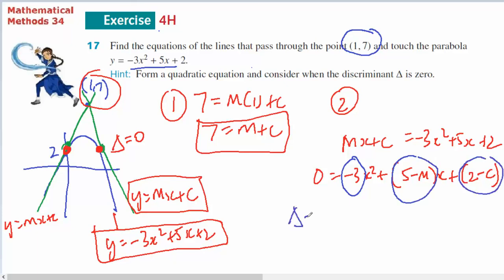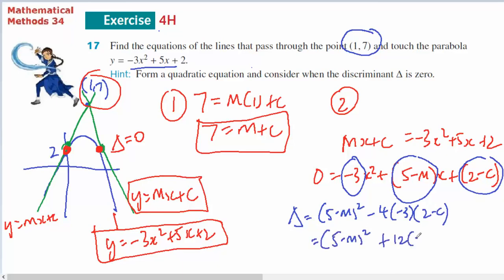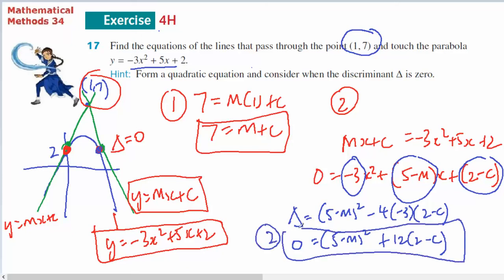So my discriminant should equal (5 minus m) squared minus 4 times minus 3 times (2 minus c), which is (5 minus m) all squared plus 12(2 minus c). And that should equal 0 if it only touches. So that is equation number 2.